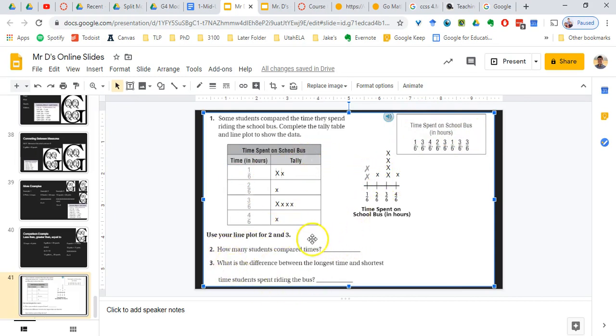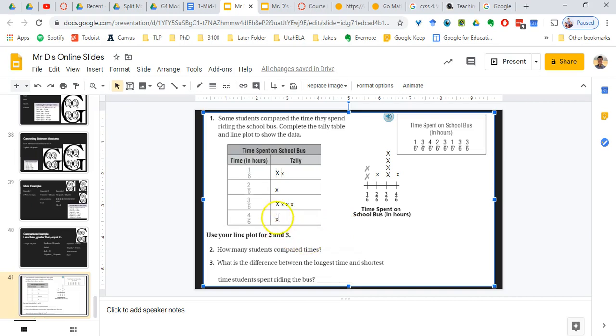So now there's two questions that we can ask. How many students compared times? All that's asking is how many people were there that responded to the survey? How many students were there? To do that, I have to remember that each X represents one person. That represents one person saying that's how long they rode the bus for.